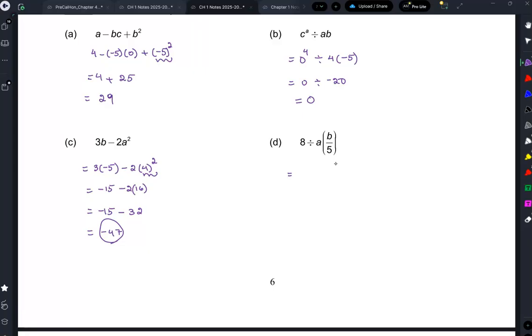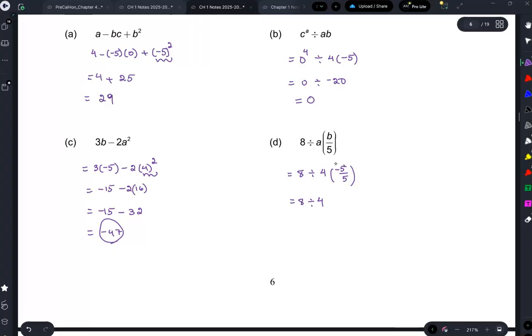Okay, so now look at this one. 8 divided by A is 4. B, negative 5 over 5. So 8 divided by 4.